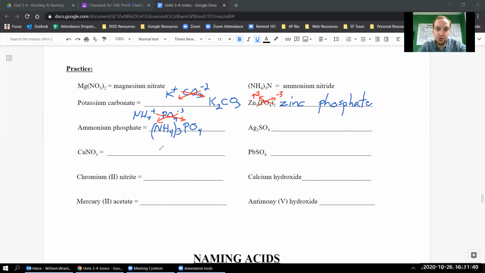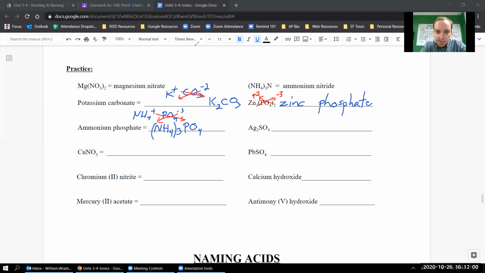So many things in the future are going to hinge on your ability to write the formulas of these ionics. Given ammonium phosphate, you need to know it's (NH4)3PO4. Okay, there's no way around that. All right, moving on. That's my little soapbox, but again, I cannot overstress that fact.